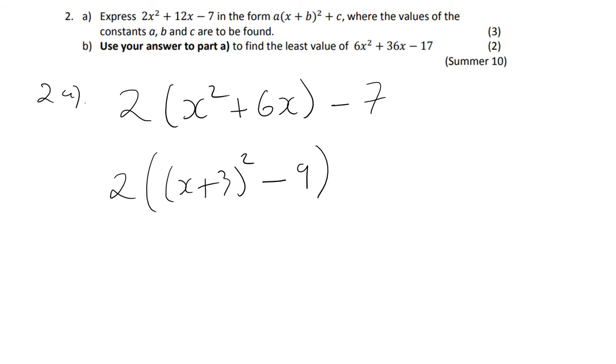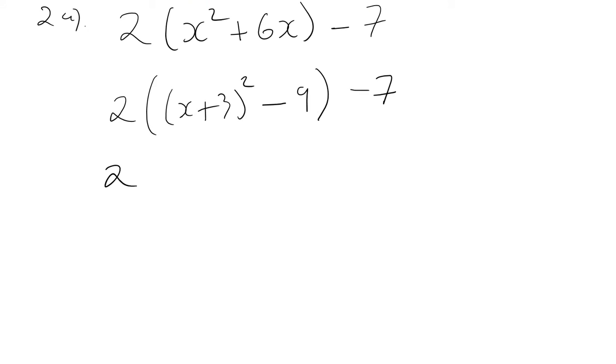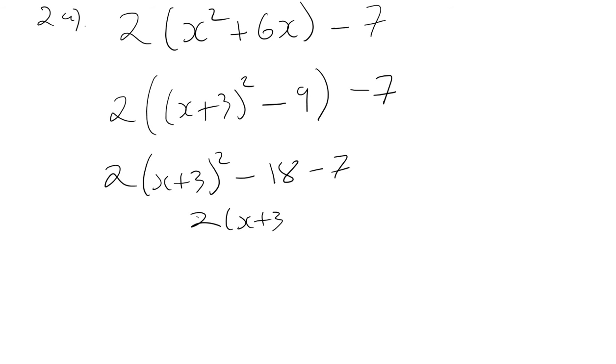Take away 7. Then I have 2 bracket x plus 3 squared, take away 18, take away 7, which is minus 25.